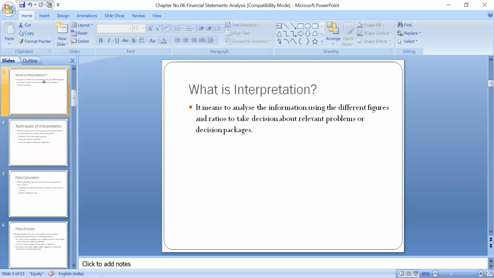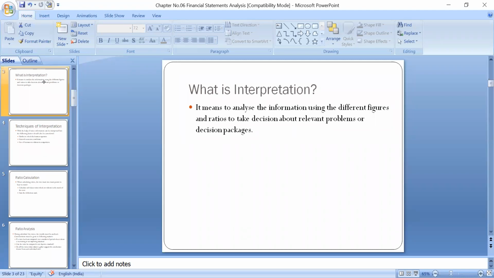जो भी organization है, any organization, whether a profit organization or a non-profit organization, every organization has its financial statements. And what are the major financial statements? I told you: income statement, balance sheet, statement of cash flows. So we will analyze these financial statements with the help of some ratios.